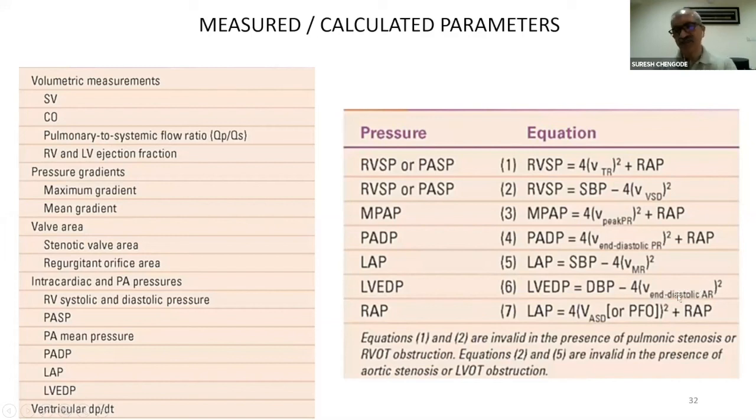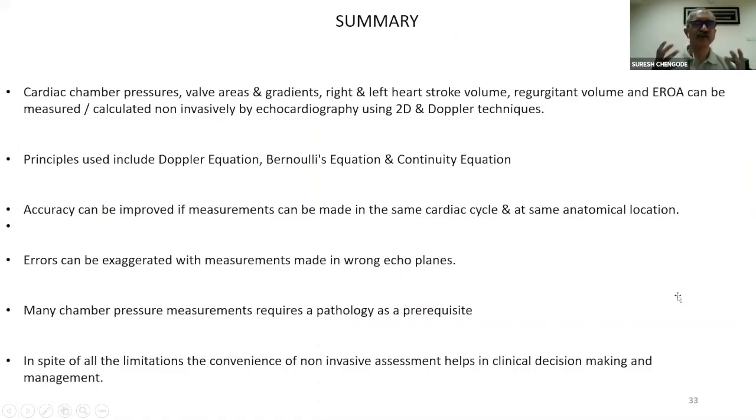So to summarize, Doppler echocardiography can be used for measuring many hemodynamic parameters, including the chamber pressures, the gradients, the stroke volume, the regurgitant volume, and all these things can be measured non-invasively. That is the advantage of echocardiography.